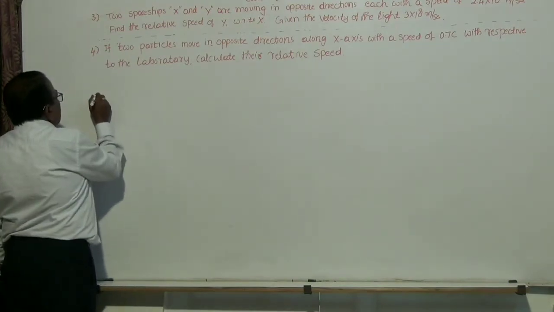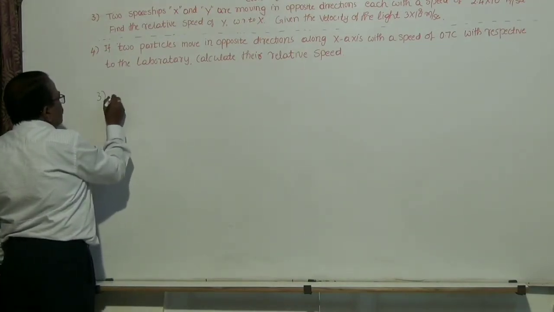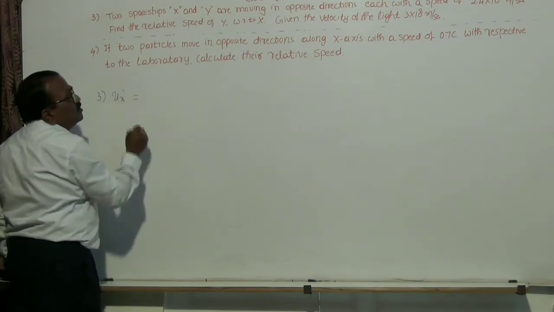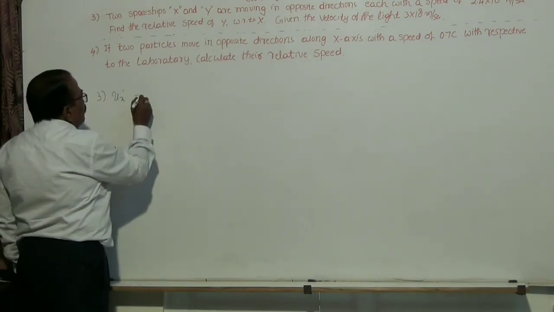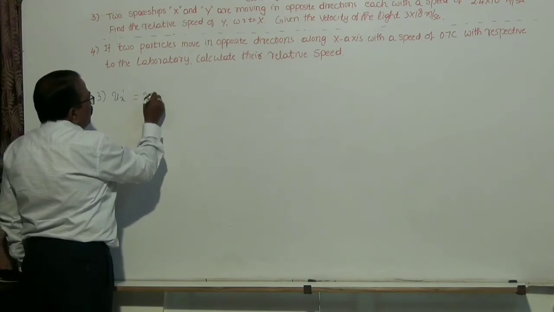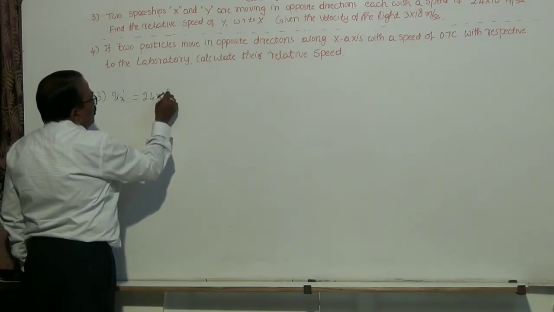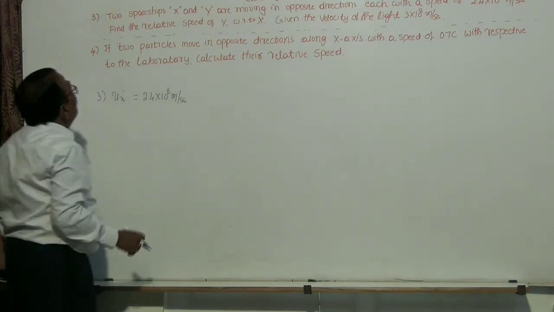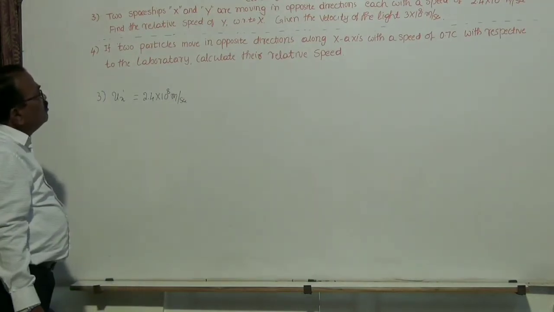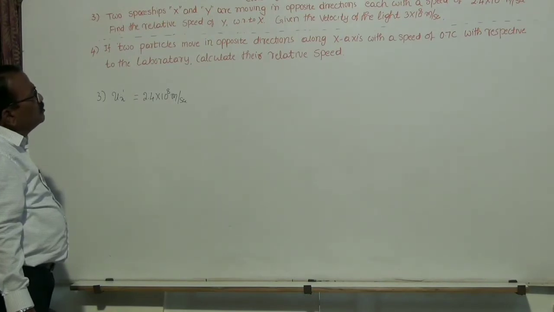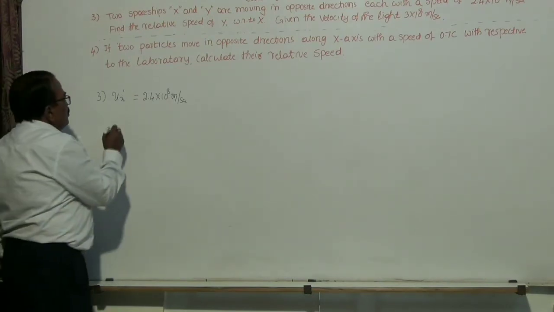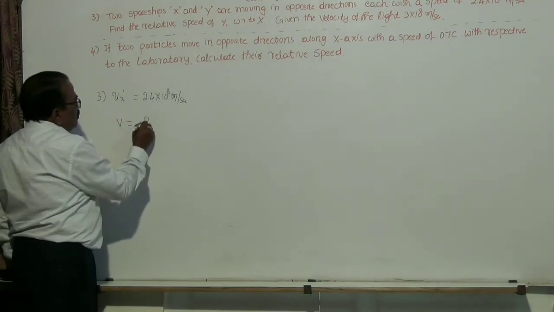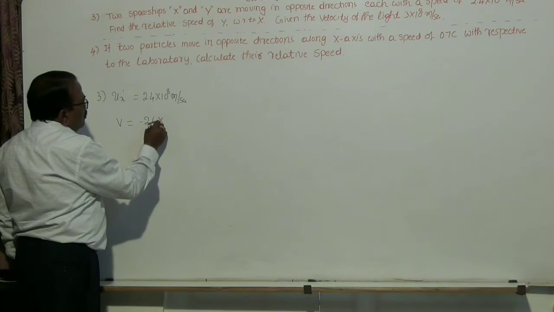That means in the third example it is given that ux dash is 2.4 into 10 raised to 8 meter per second. Find the relative speed of y with respect to x. That means here v is minus of this, since they are moving in the opposite direction with the same speed.